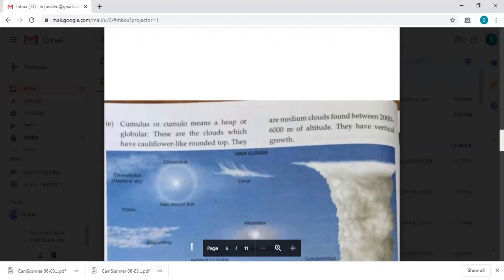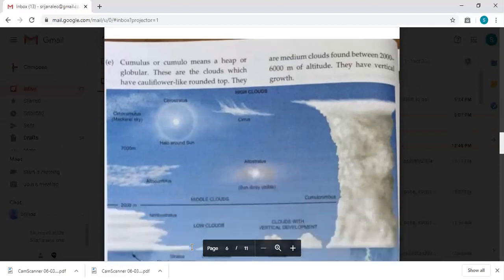If by afternoon you see white, fluffy, big cotton-like clouds towards the Kanchenjunga side from Gangtok, then you will have to understand that it's going to rain in the afternoon, most probably. So they are cauliflower-like, they give us rain. Okay, so these are the types of cloud.